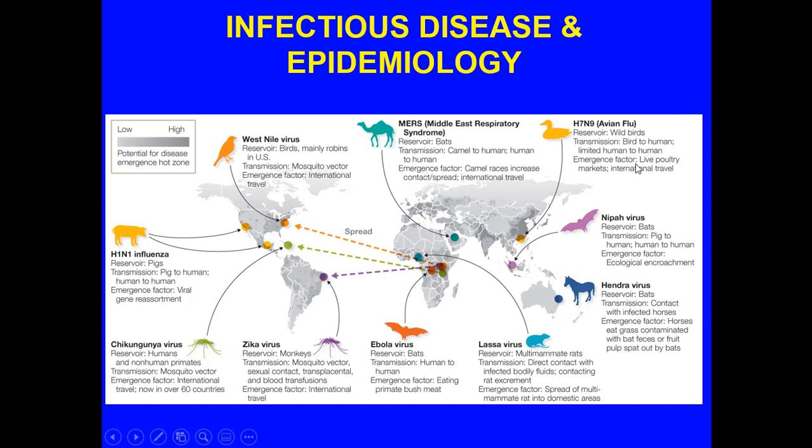So you can see how some of these things can occur. Same thing here with avian flu, wild birds. The transmission, although it starts somewhere out in Eastern Asia, can literally travel thousands of miles by the migratory birds, which makes it very interesting.